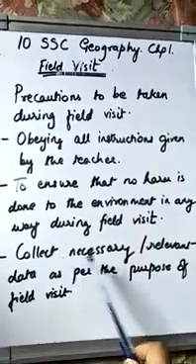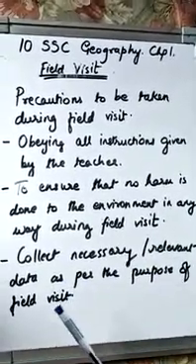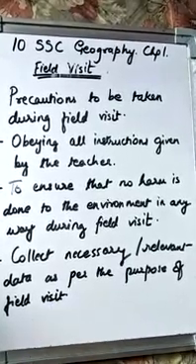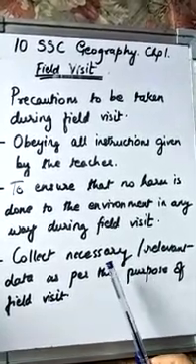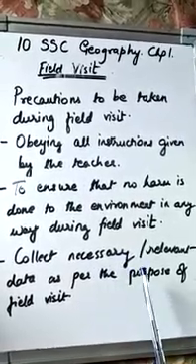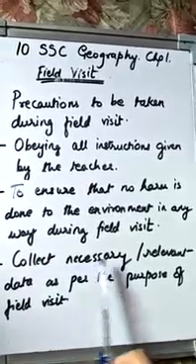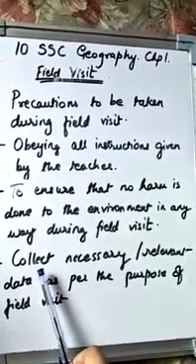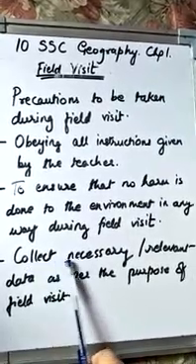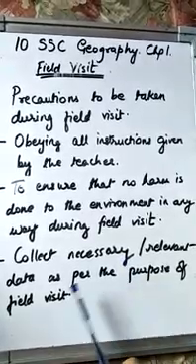Then the next is to collect necessary or relevant data as per the purpose of the field visit. Our biggest aim was to visit that field so that we can study about that place. So it is very important to collect the data of what we went there to study. That is the main purpose of the field visit.